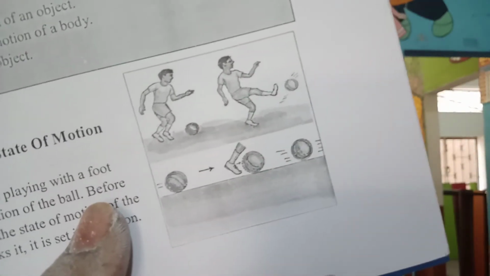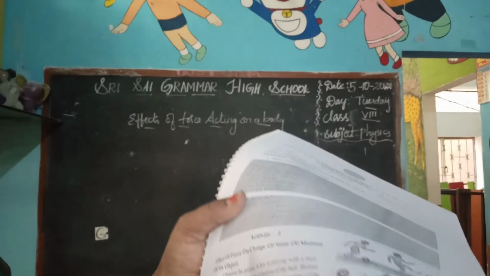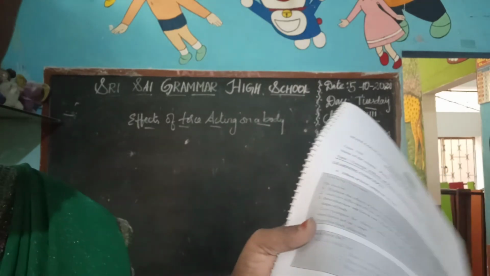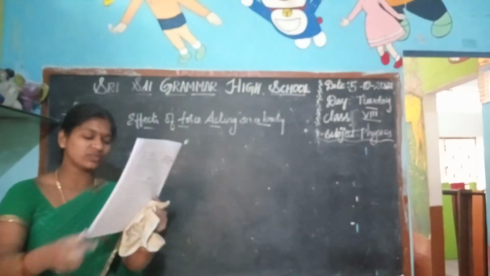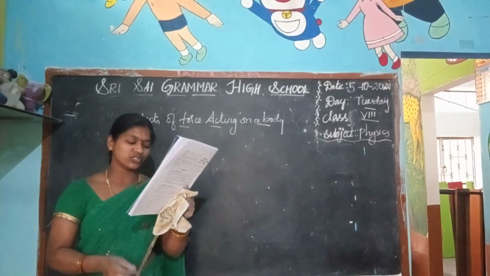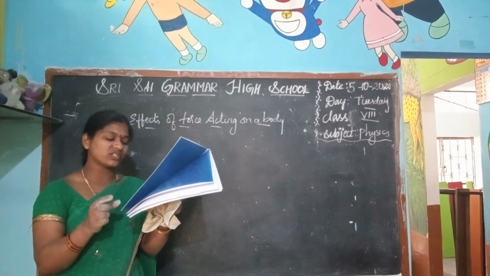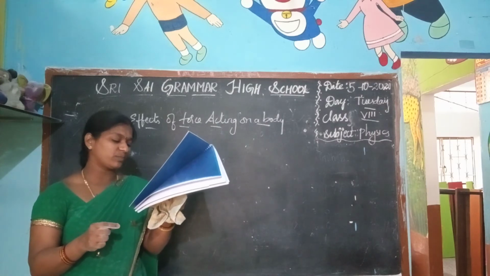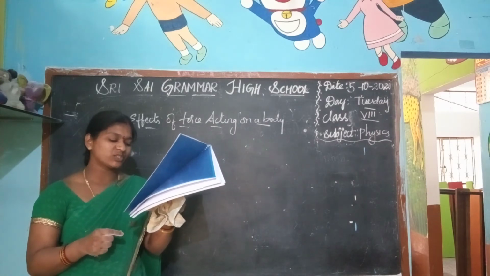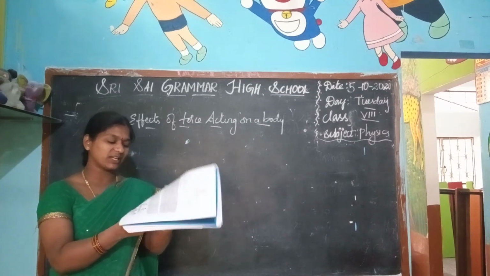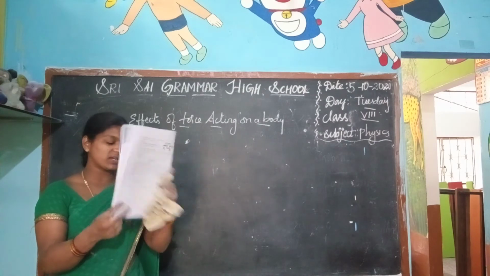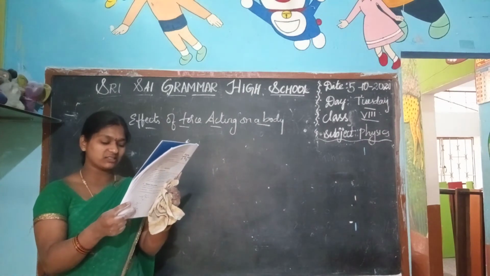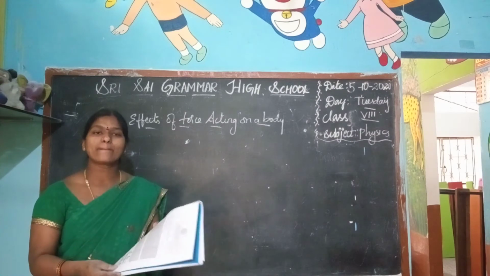They are playing football. Observe the picture. A boy is playing with a football. Let us observe the state of motion of the ball. Before kicking the ball, it was at rest. When the player kicks it, it is set into motion.